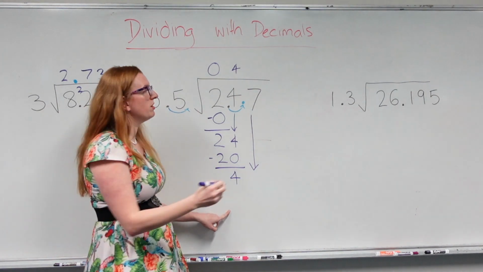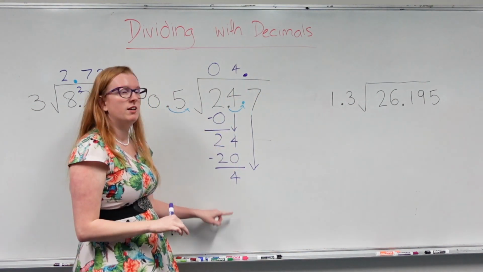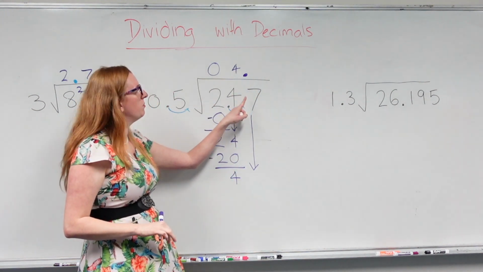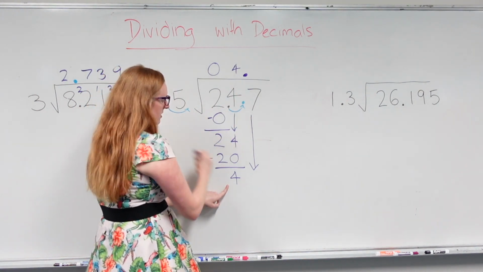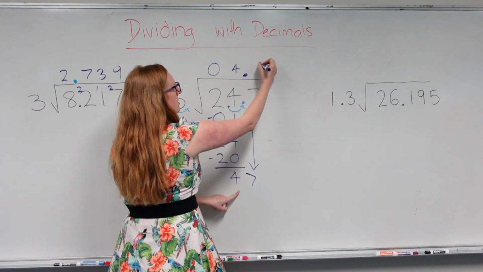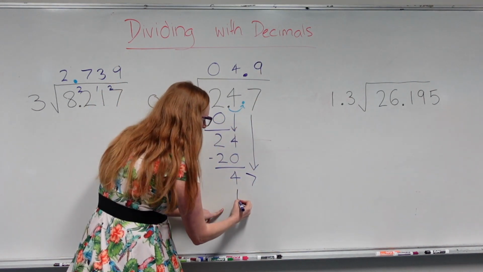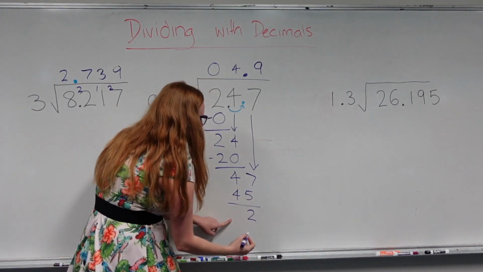Now I need to make sure that I put my decimal place directly above where it is in my question. Now keep in mind that I did move it, but it goes directly above where it was moved to. Okay, so now I'm putting my 7 here. How many 5's go into 47? It's going to be 9, because 9 5's are 45, which means I have 2 left over.